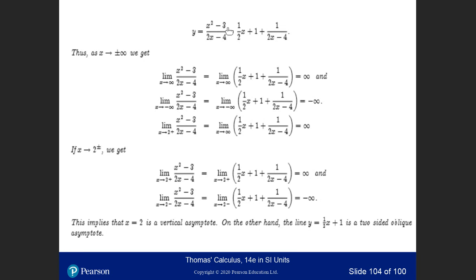I divide x squared minus 3 by 2x minus 4. I get 1 over 2x plus 1, and that's the remainder, 1 over 2x minus 4. Now, what happens as x goes to plus or minus infinity? Actually, as x goes to plus or minus infinity, this is the dominant part. This becomes very, very small.